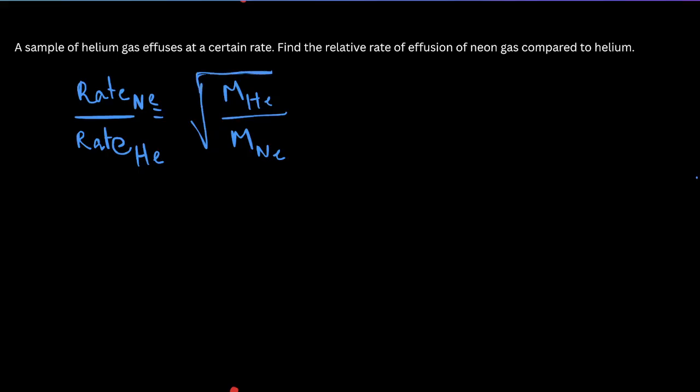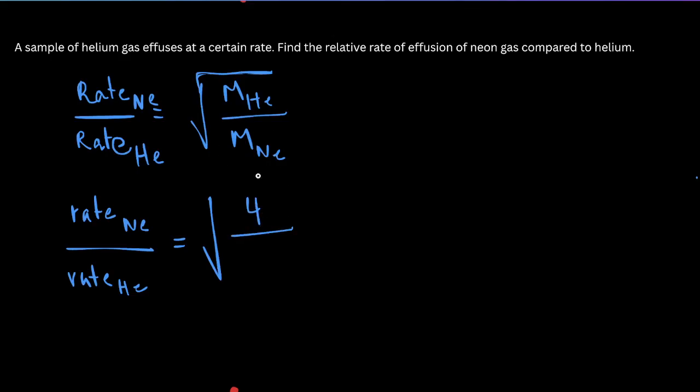We can write the rate for neon divided by the rate for helium as equal to the square root of the molar mass of helium, which according to the periodic table is approximately 4, divided by the molar mass of neon, which is approximately 20.